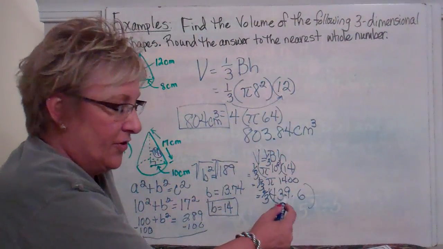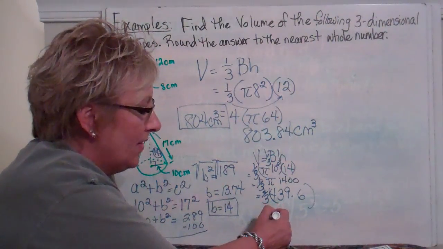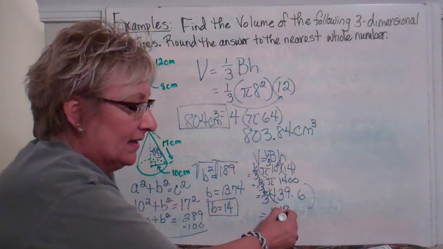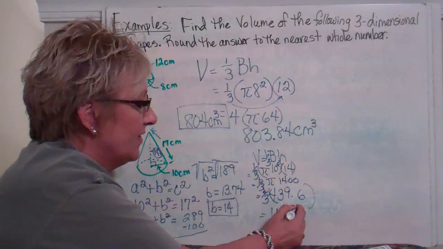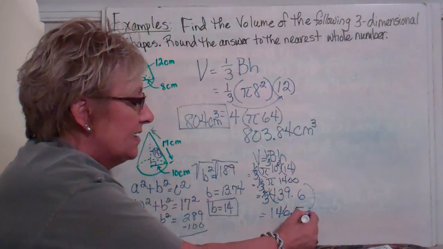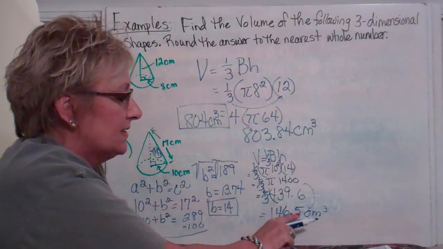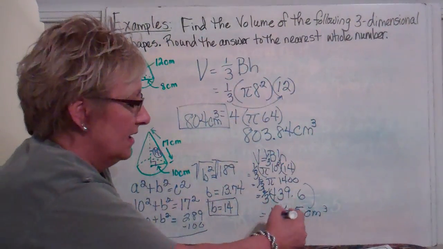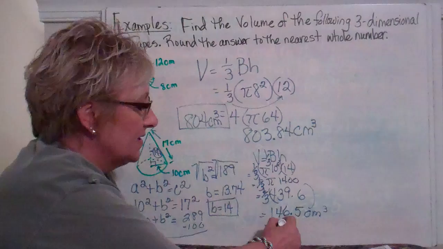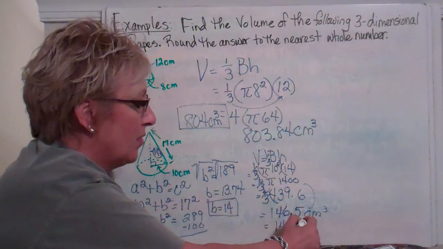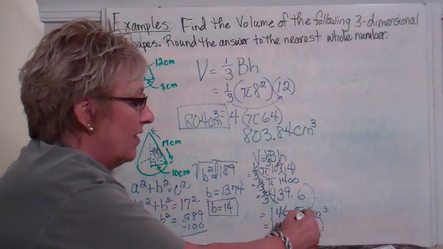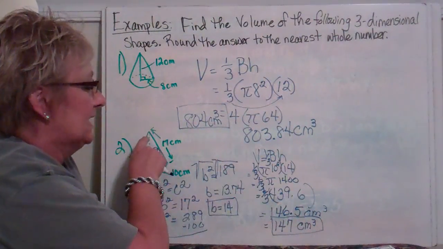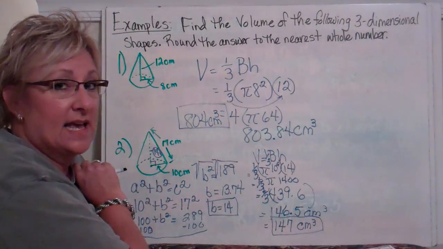When I find 1/3 of that, I get 1,465.3. I'm just going to give it in case you all have got your calculators out. Centimeters cubed. Well, it says to round to the nearest whole number, so this would be rounded to the nearest whole number of 1,465 cubic centimeters. And again, do not forget that 1/3 because we're dealing with a shape that has a vertex.